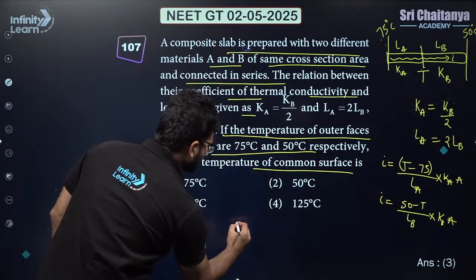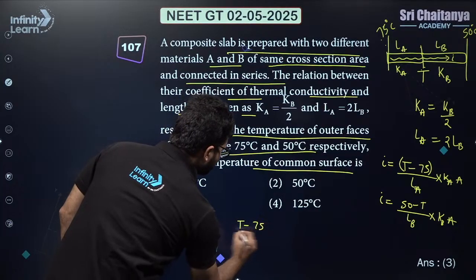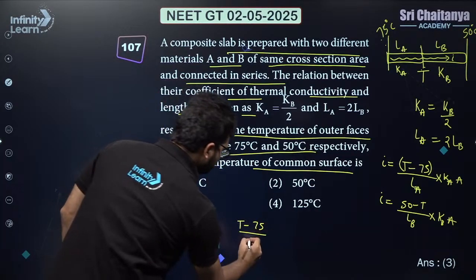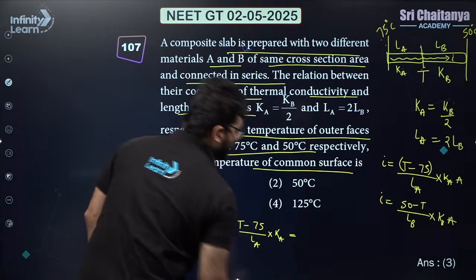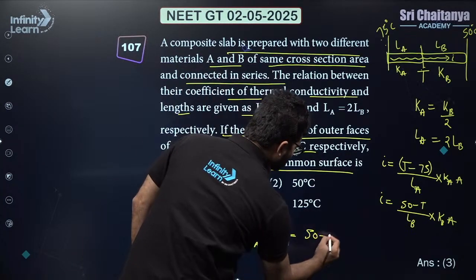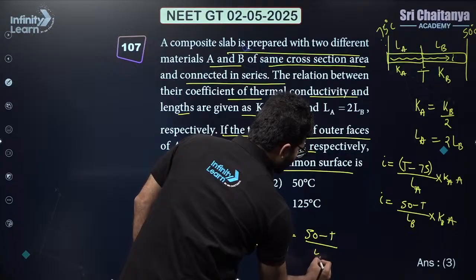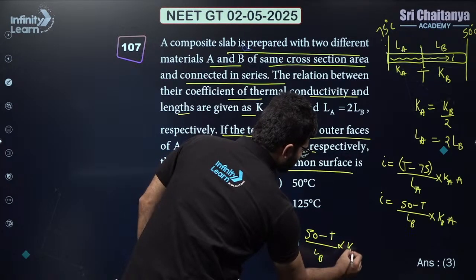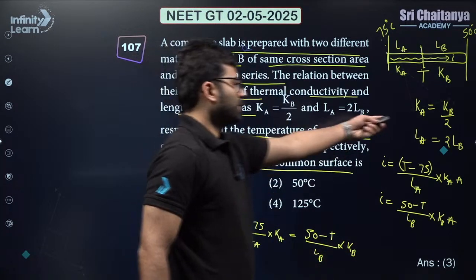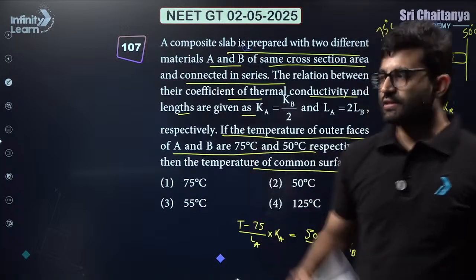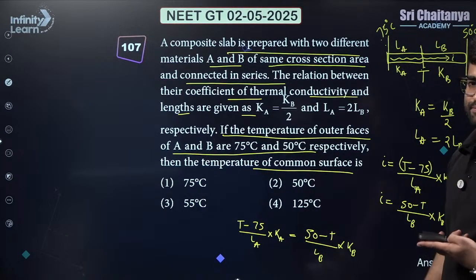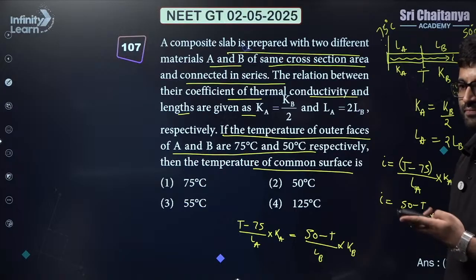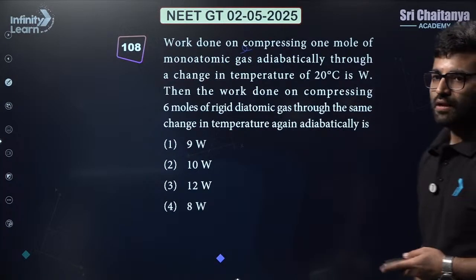So T minus 75 divided by LA into Ka would be equal to 50 minus T divided by LB into Kb. Now you have the relations, you just put the relations, cancel from both the sides and calculate the value of T. I think that comes out to be 55. That is just pure calculation. Clear? Next question.